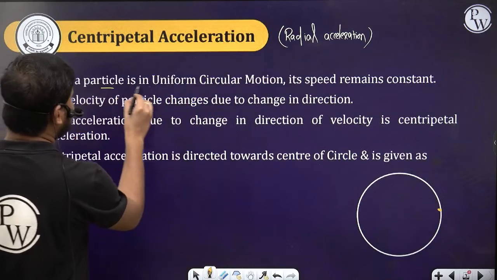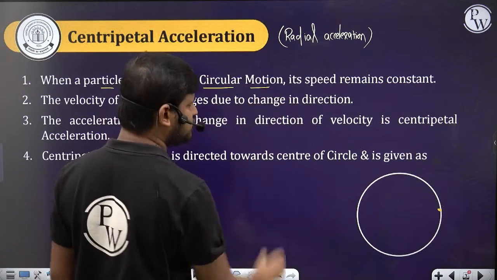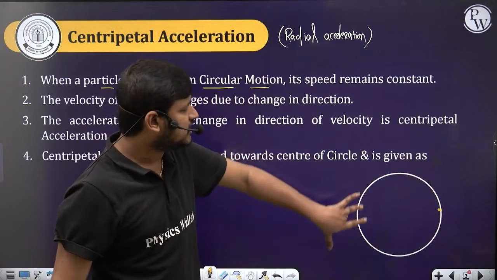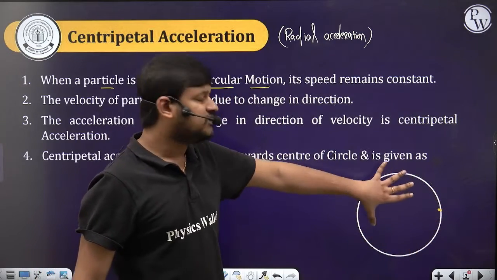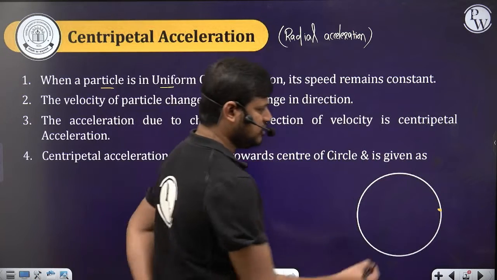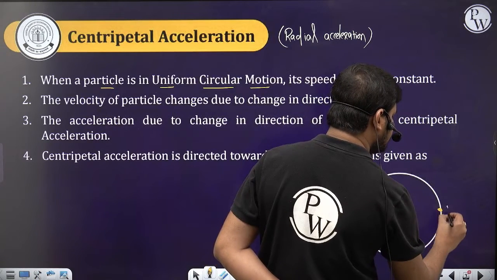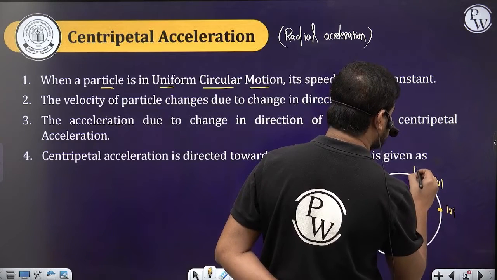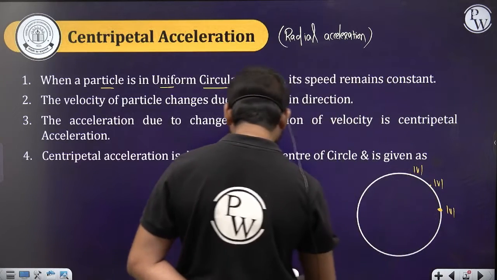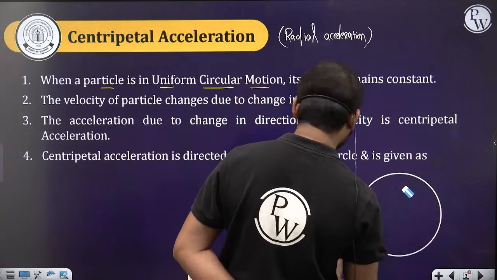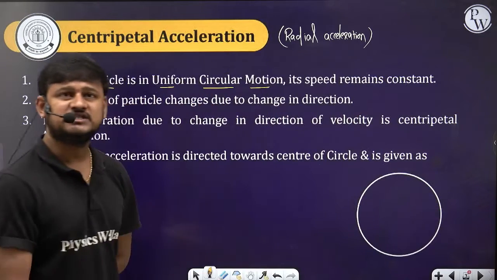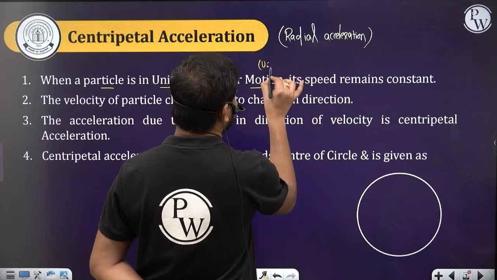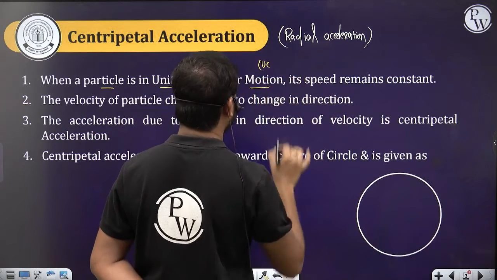When a particle is in uniform circular motion, its speed remains constant throughout its motion in the circular path. Here the magnitude of v is constant, so the body is said to be in uniform circular motion, which we write as UCM, uniform circular motion, right?